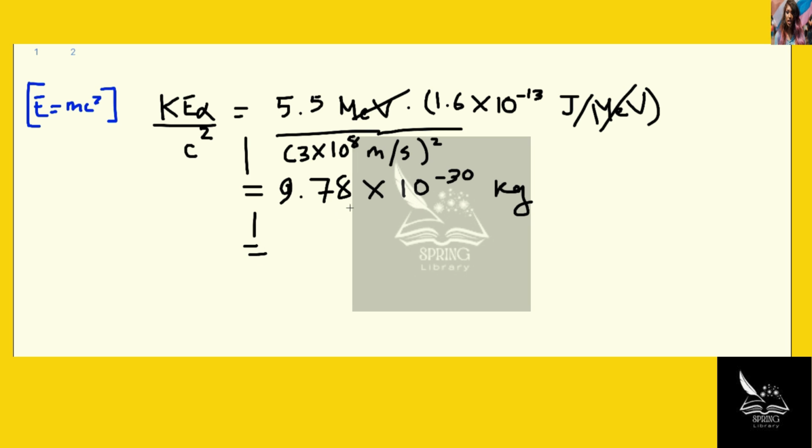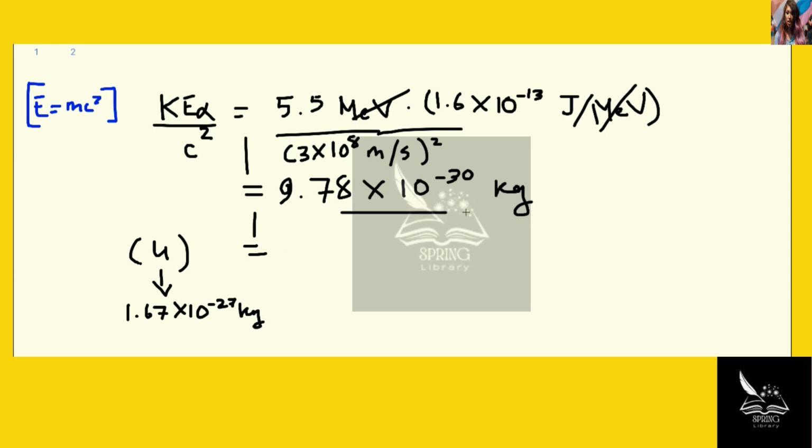We want to put this in units of U, right, which is the atomic mass unit. And U is roughly 1.67 times 10 to the negative 27 kilograms.